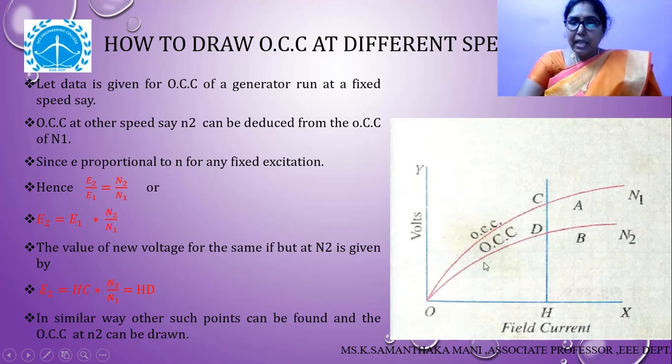In a similar way, we can calculate other points on the second OCC graph, and after calculating all those points and putting them on the graph, we simply join them to get the OCC for the second speed N2. In a similar way, other such points can be found and the OCC at N2 can be drawn.